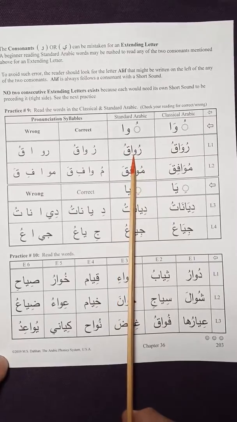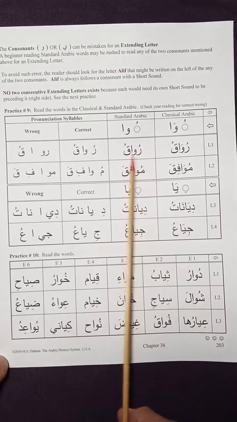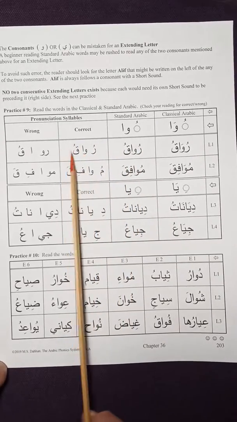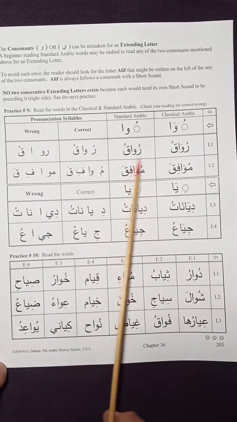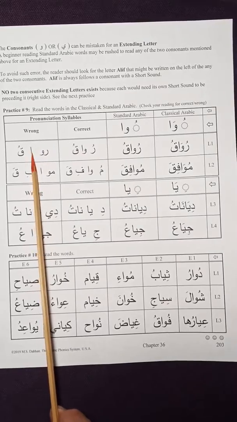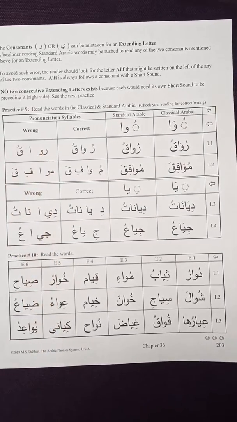Ru, that's where the confusion is. They think it's ru, right? Okay, the correct pronunciation is ru wa qu. But what happened here? They would think it's ru. Then what? This cannot be alone, so this is definitely not an extending letter.